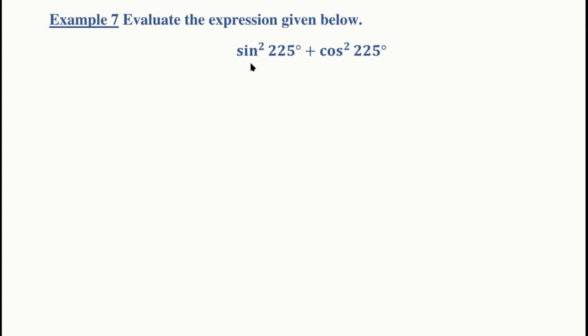But if you're really awake, you would realize that, hey, we just went over a really nice Pythagorean identity, which said the sine squared of an angle added to the cosine squared of the same angle is always going to be 1. Remember? So that is, of course, going to be true for a 225-degree angle as well. So if you're really alert, this problem takes all of 1 second to do, and you're done.